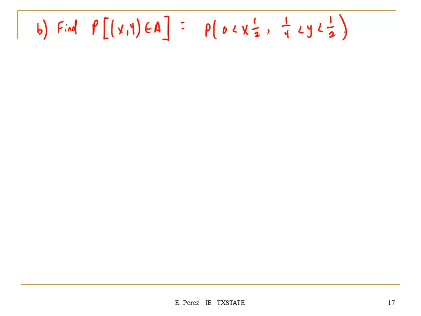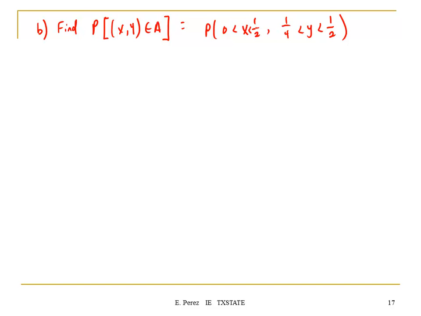Okay, so that area is defined with the limits of 0 and 1/2 for x, and the limits 1/4 and 1/2 for y.